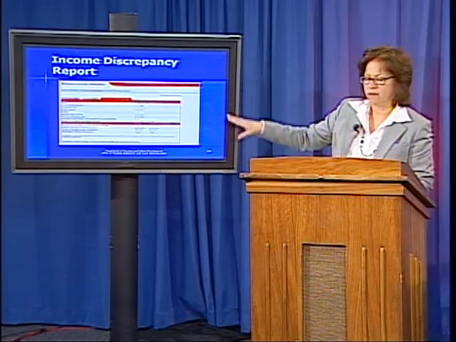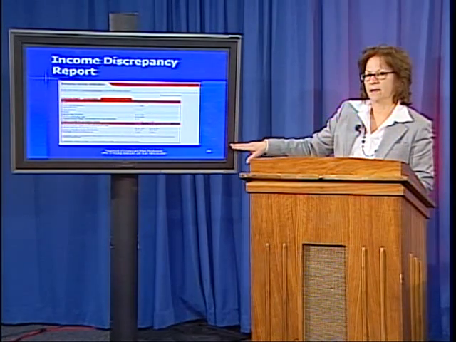It's going to provide some information over on the right-hand side about the households, percentages of income, that's the discrepant amount, and so forth. Each of the head of households will also be highlighted so that you can select an individual head of household and go into that record to see exactly what type of discrepancy is occurring.